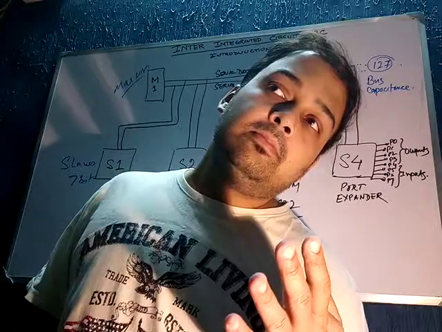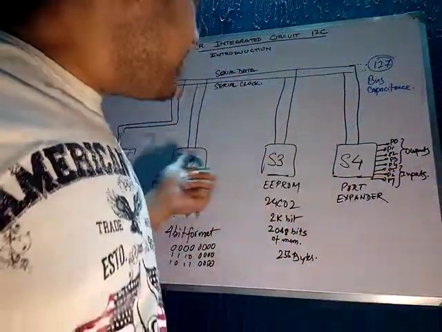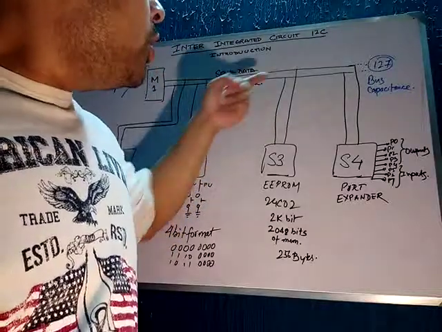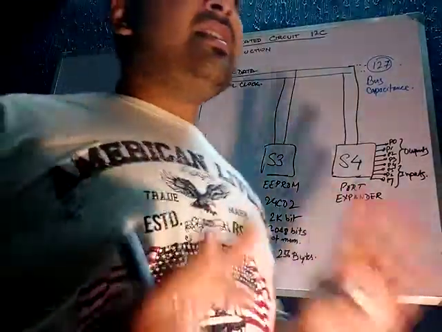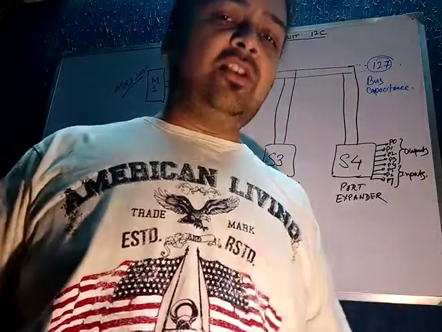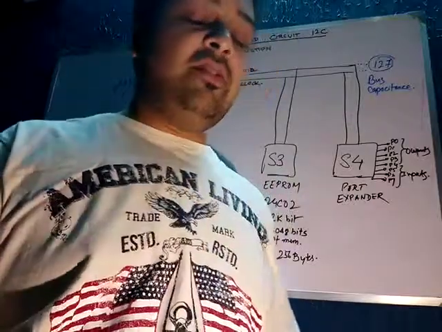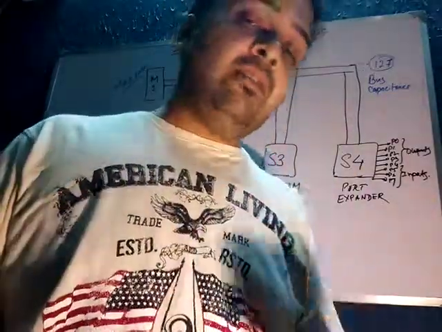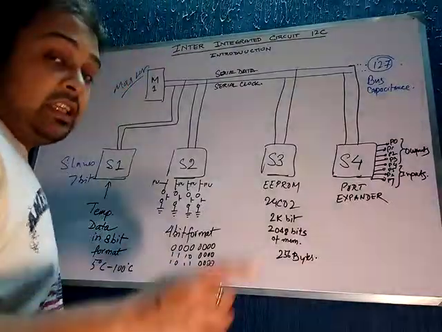When you are connecting so many slaves, the slaves will also put some loading on the bus. All these considerations you have to take into account, which are mentioned in the document. You'll go through the document. If you have any problem, let me know and I will clarify. I can't tell everything over here. So that is one more point.